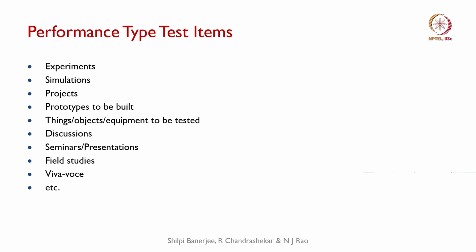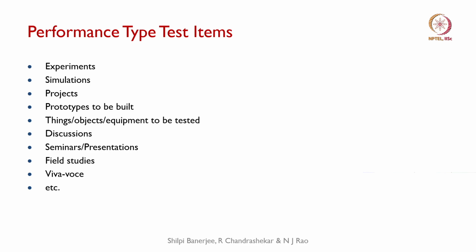When you are conducting an experiment, there may be multiple ways of conducting the experiment which may be correct. Then how you are conducting the experiment, what is the quality, whether you are handling your equipment right, all that means there is a qualitative aspect of that also.